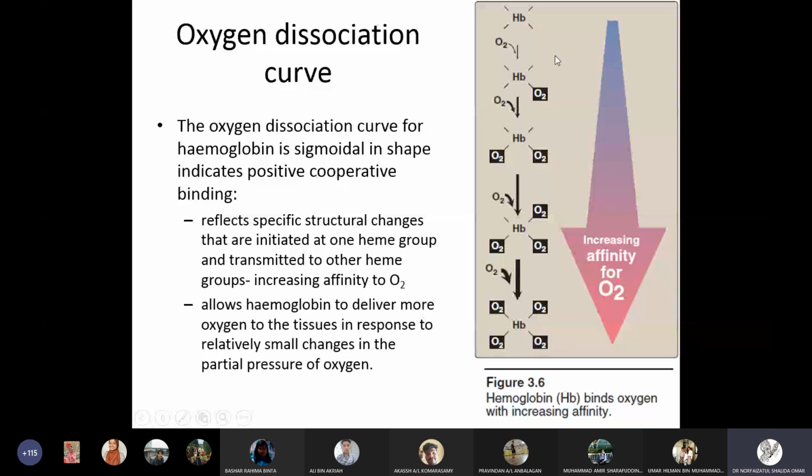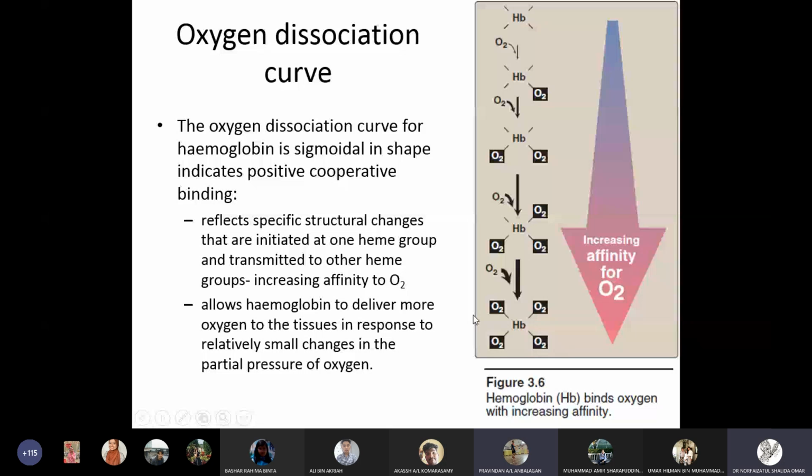But when one oxygen is already bound to the heme, it will influence the hemoglobin to bind more oxygen. So that's what it means by positive cooperative binding. So it will bind a second oxygen and then a third and then the fourth one. Is that clear?